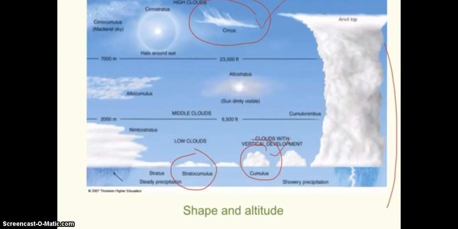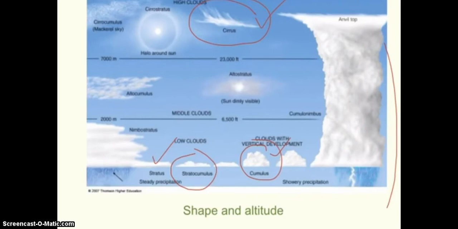So first, if we're talking about shape, you see the cumulus, cirrus, and stratus. Those three different shapes are what we use to classify the shapes of clouds. We also like to talk about the altitude of clouds. So way up at the top, you see that this diagram is divided into three parts.